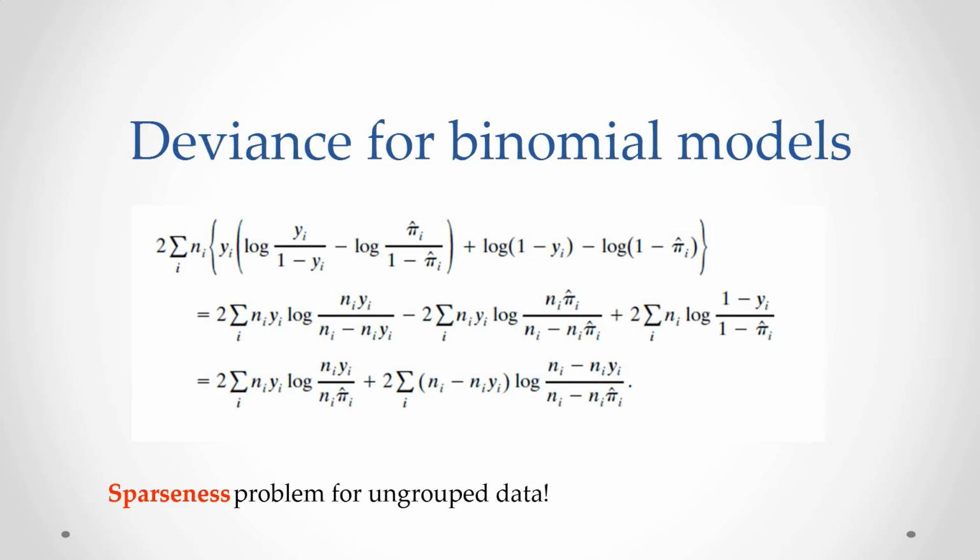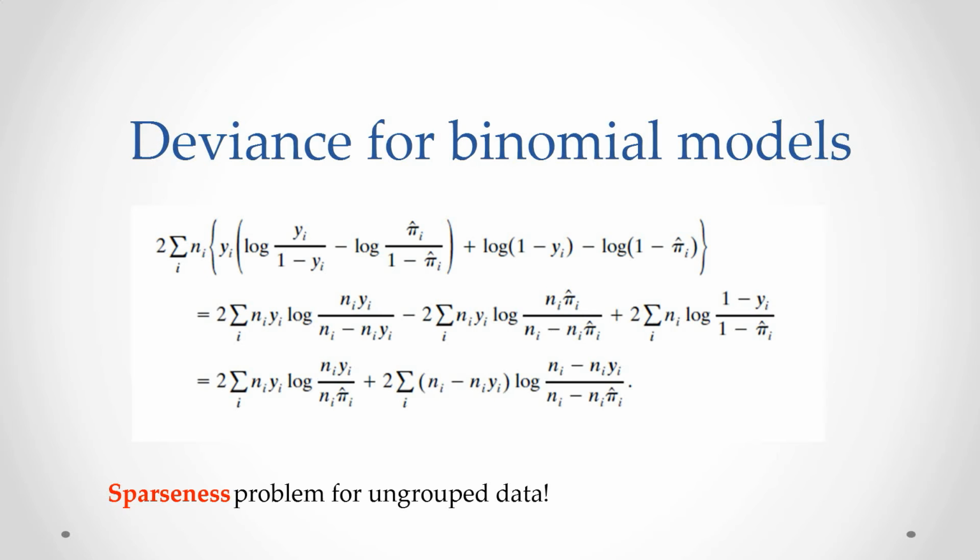This is a problem referred to as sparseness in the literature. It suggests that the value of the deviance depends upon the true underlying value of beta. So even if we had a model which did not fit well, it might be possible to get a small value of the deviance if the value of beta was suitably chosen.